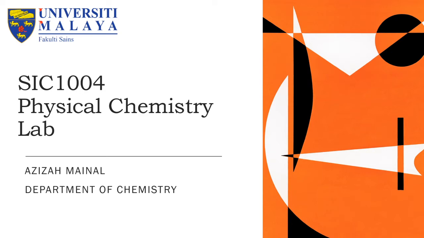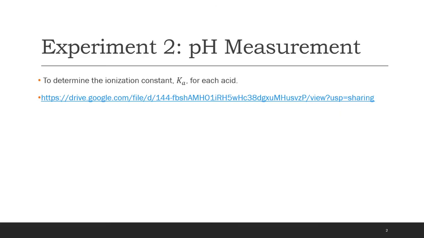Today we are going to proceed to experiment 2, which is on the pH measurement. The objective of this experiment is to measure the ionization constant of various acids, and I highly recommend that before you continue with the slides, please watch this video which explains how this experiment is conducted.